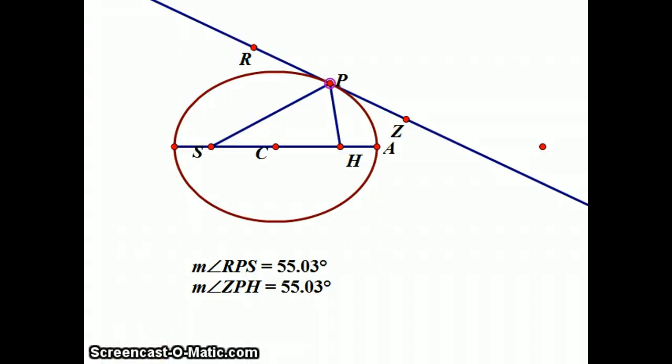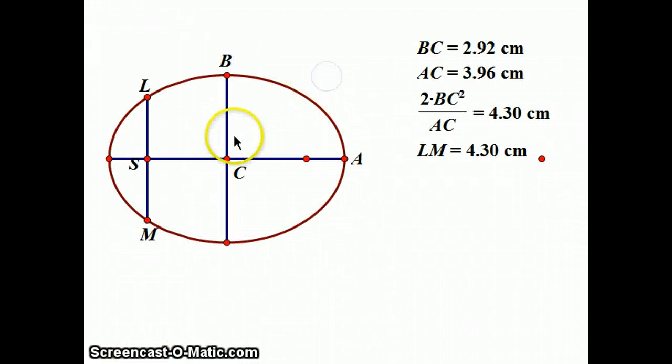The third property is that if you take one of the foci of the ellipse and you draw this vertical line through, we're assuming here that this is what we could call now the major axis, and we draw this line perpendicular to it, LM.